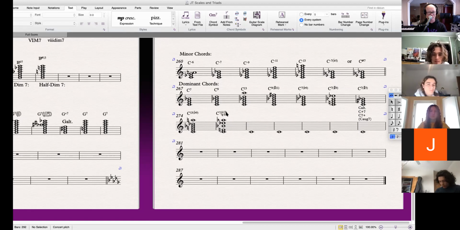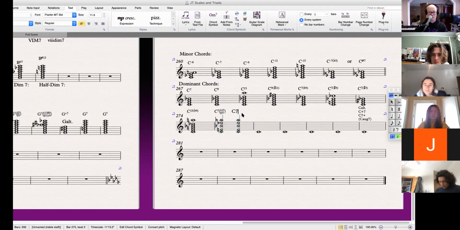So this can also be called this. Actually, I guess I do need to do this as a half note. Can also be called this: sharp 9, sharp 5.